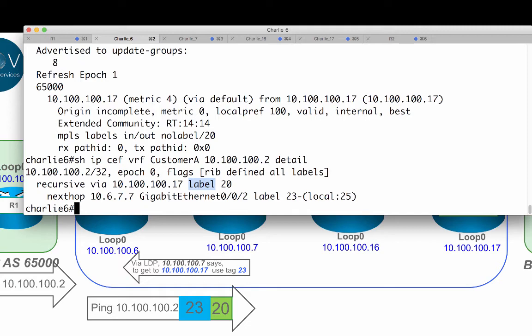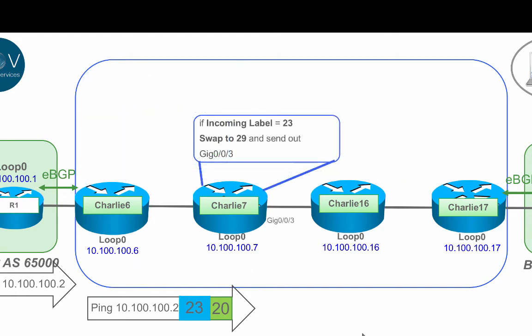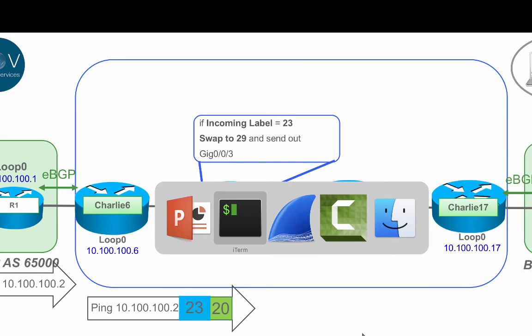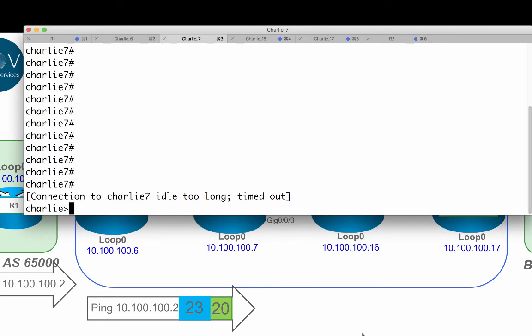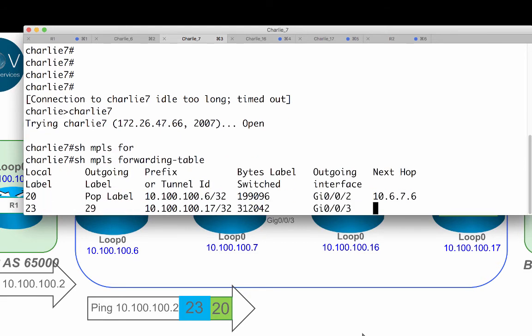Now, what's going to happen when we actually send this out? So we send it out with a 23 and a 20. Then what? Then it goes to Charlie7. So when it goes to Charlie7, if we look at the label forwarding table there, the multiprotocol label switching forwarding table over on Charlie7, what we're looking for is if there is an incoming label of 23. Charlie7 was the one who told people about it. So let's go to Charlie7 and do a show mpls forwarding.